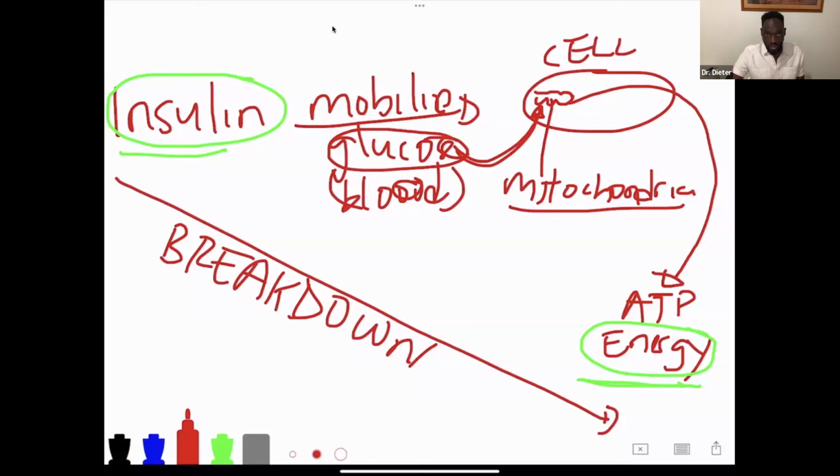Because once upon a time, God created you and I, and our insulin was working just perfectly. So there's a breakdown. If my car breaks down and I take it to the mechanic, the very first thing the mechanic does is run a diagnostic to figure out where the breakdown occurred. So I want to show you how we go from insulin working well to insulin not working well, insulin resistance.